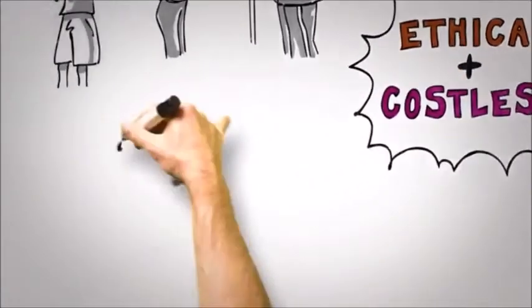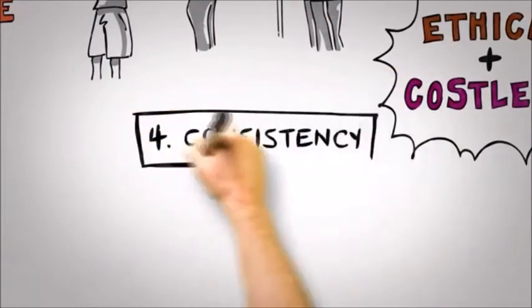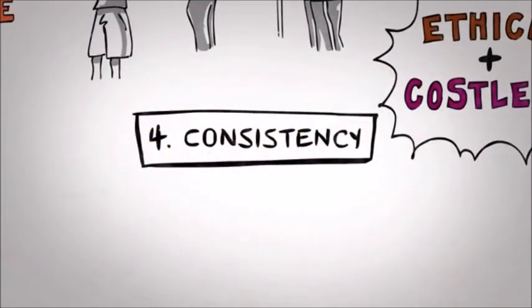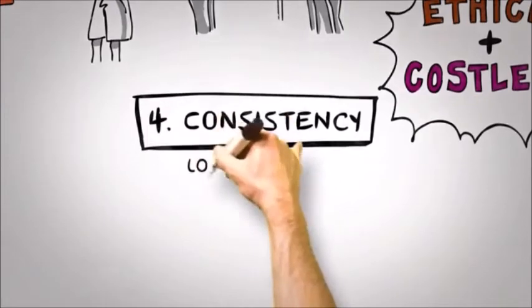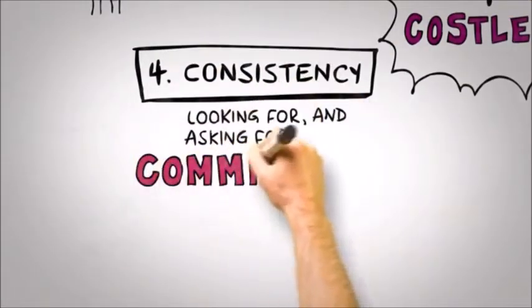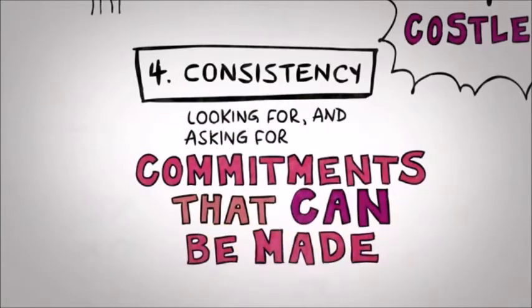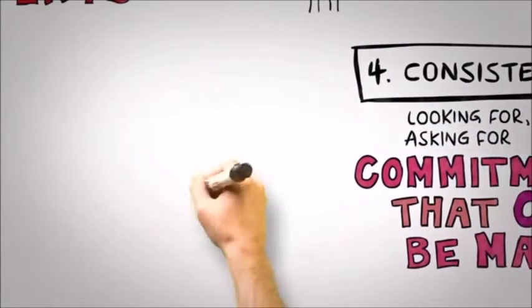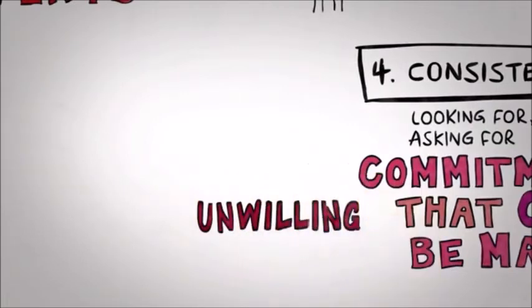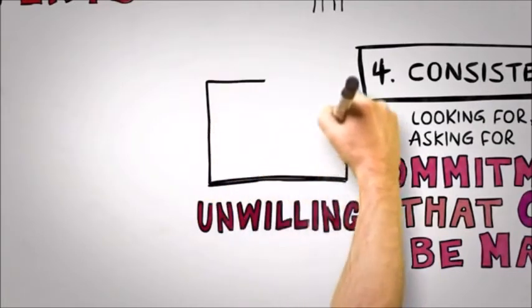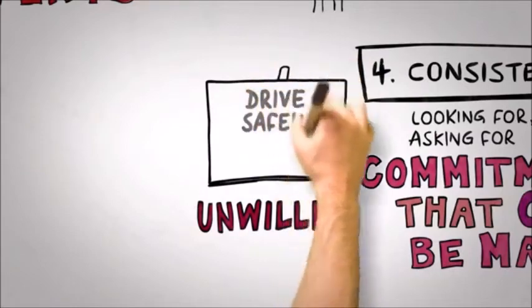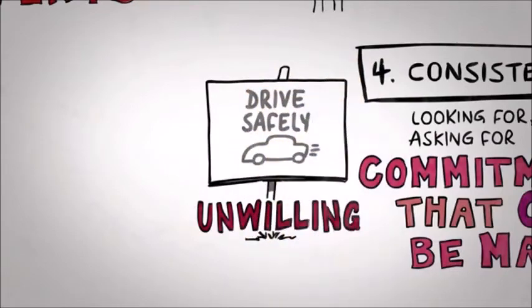The next principle is consistency. People like to be consistent with the things they have previously said or done. Consistency is activated by looking for and asking for small initial commitments that can be made. In one famous set of studies, researchers found, rather unsurprisingly, that very few people would be willing to erect an unsightly wooden board on their front lawn to support a Drive Safely campaign in their neighborhood.